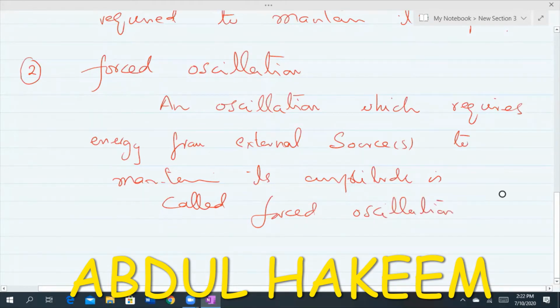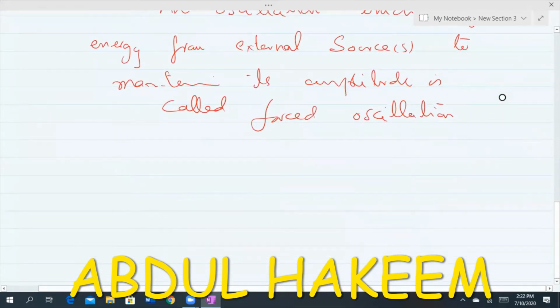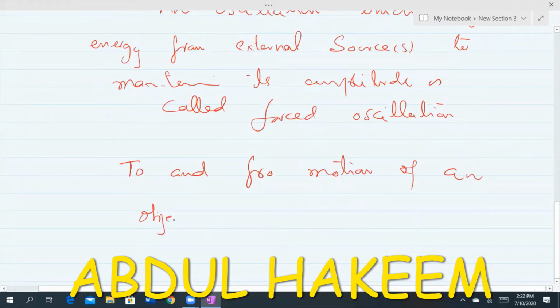Now the third: what is oscillation? If the question is what is oscillation, to and fro motion of an object about a fixed point is called an oscillation.